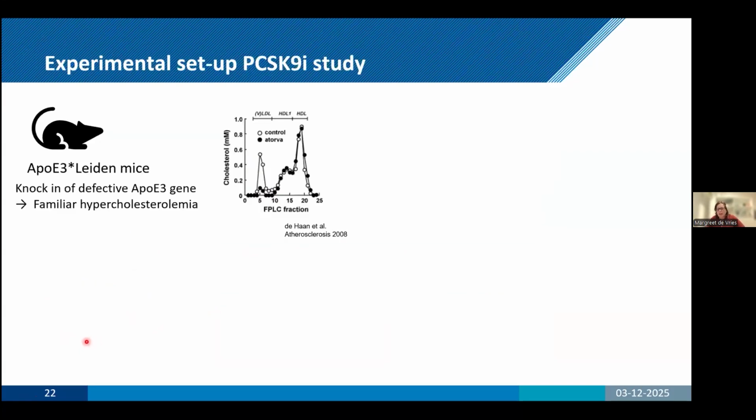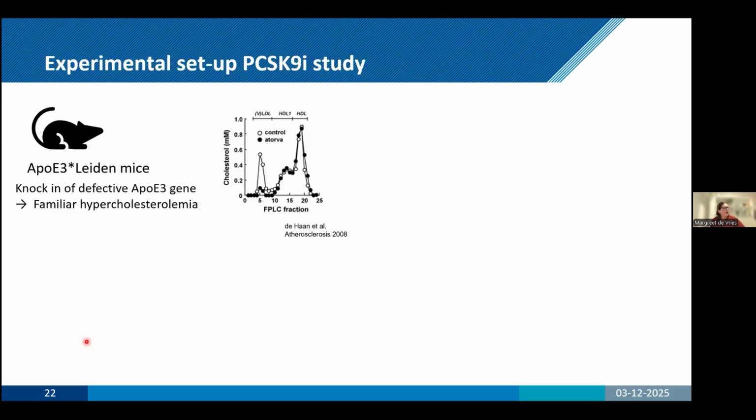To study cholesterol independent effects, we have to study it on top of cholesterol dependent effects. So you're probably familiar with the most common ApoE knockout and LDL receptor knockout mice. These mice have defective cholesterol metabolism, so they don't respond to statins or PCSK9 inhibition with cholesterol lowering.